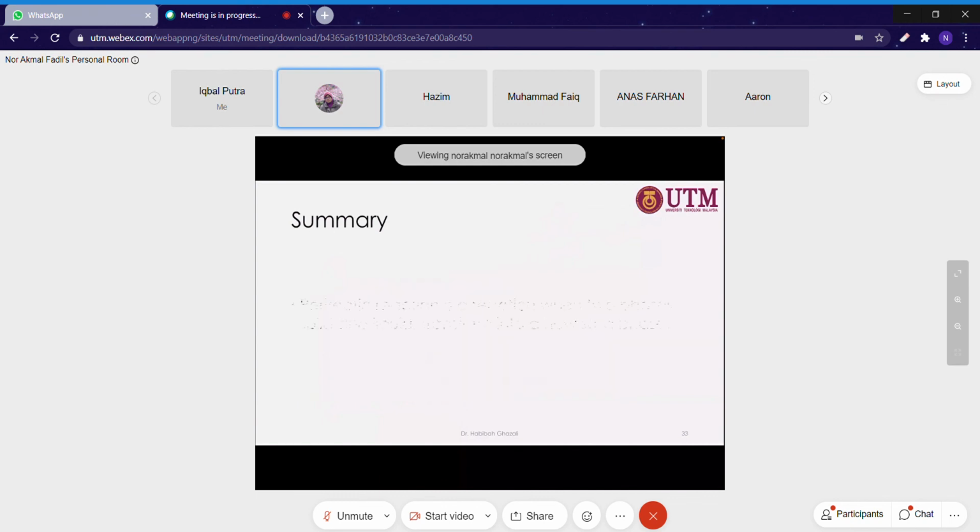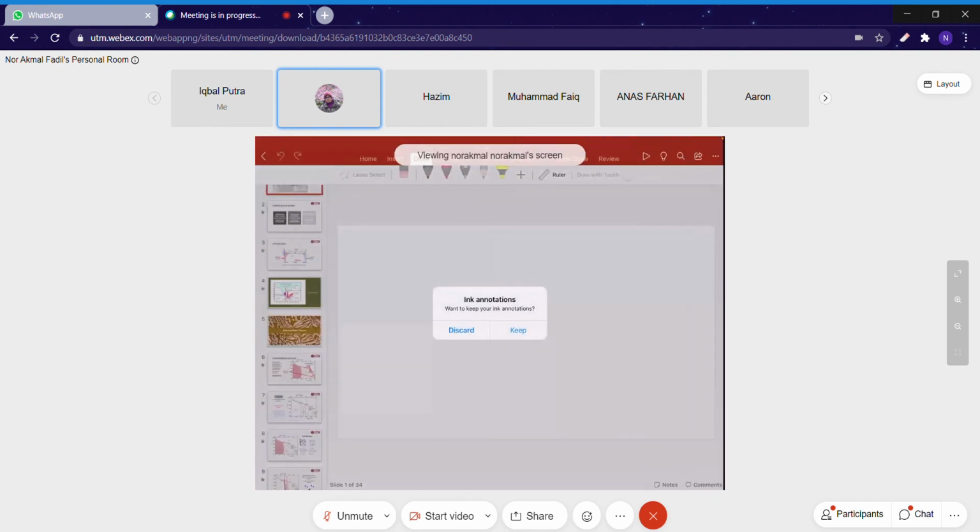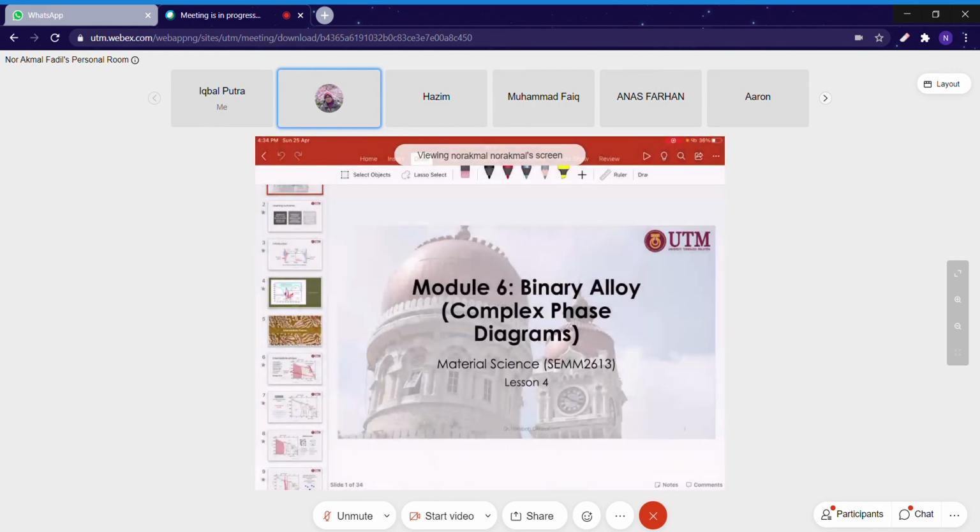A peritectic reaction is a reaction when two phases, which is solid and liquid, transform into a new solid phase. And a peritectoid reaction is a reaction when two solid phases transform into a single new phase. Okay, I think that's all for this lecture.